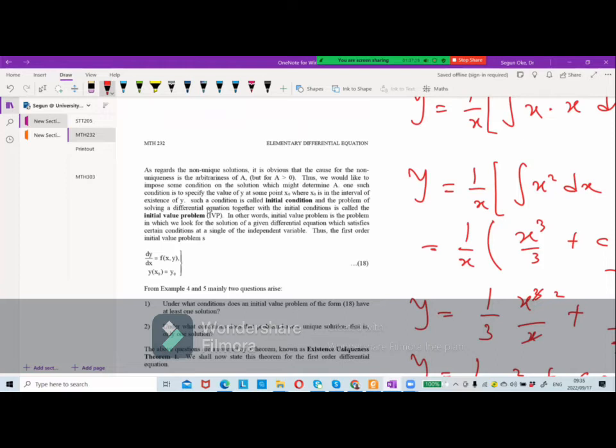thus we would like to impose some condition on the solution which might determine A. We are coming from A up, where A is greater than 0. One such condition is simply to specify the value of y at some point x naught, where x naught is in the interval of existence of y. Such a condition is called an initial condition.